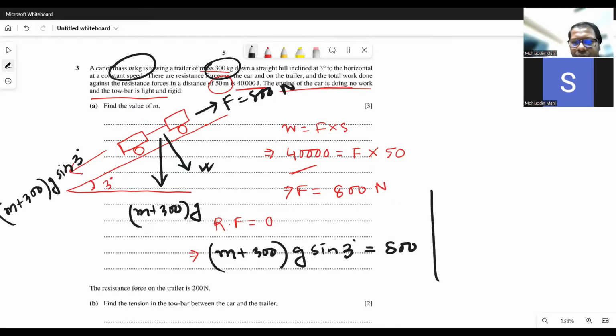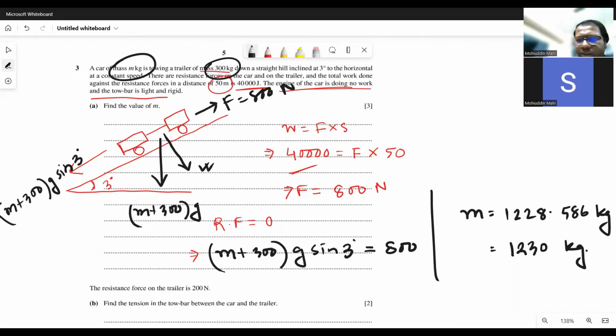So from here we have to make m the subject. The value of m is going to be 1228.586 kg, or if you round it off, it's going to be 1230 kg. So that's how we can find the value of the mass of the car, the value of m.